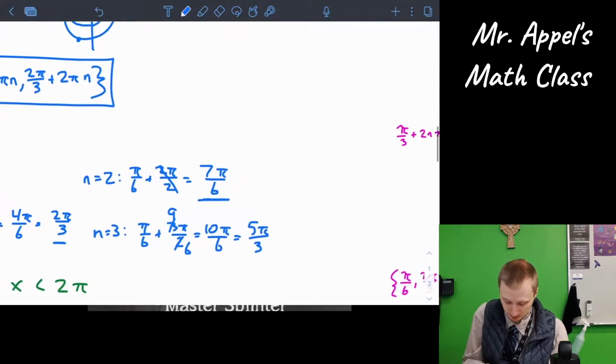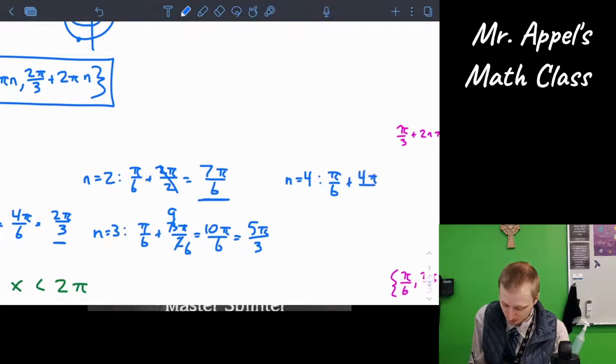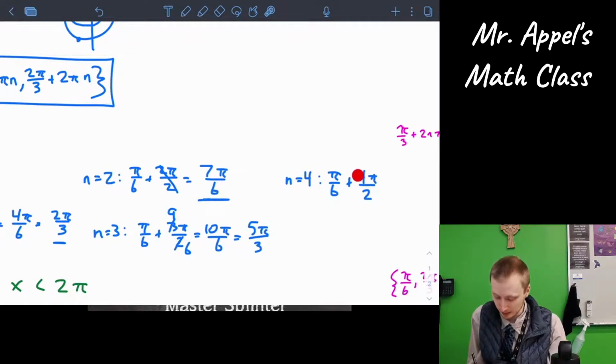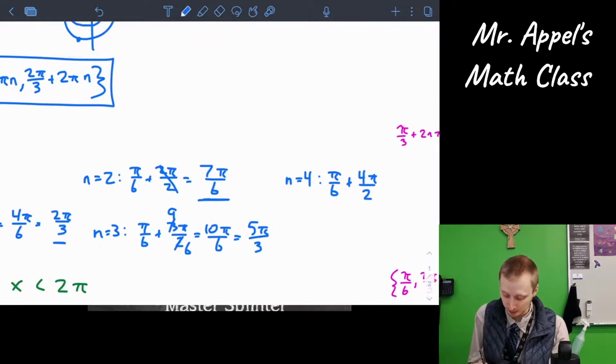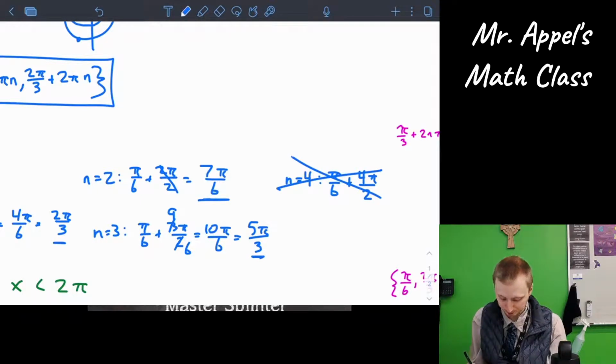Okay. Can we fit one more? Let's try. What if n equals 4? We would have pi over 6 plus 4 pi over 2. Oh, wait. 4 pi over 2 is 2 pi. So that would automatically be greater than 2 pi. So nix that. This is our last solution.